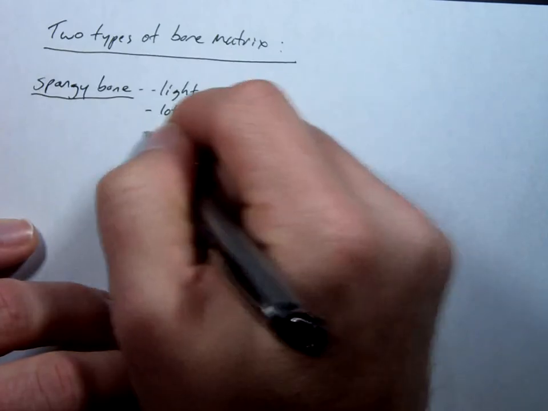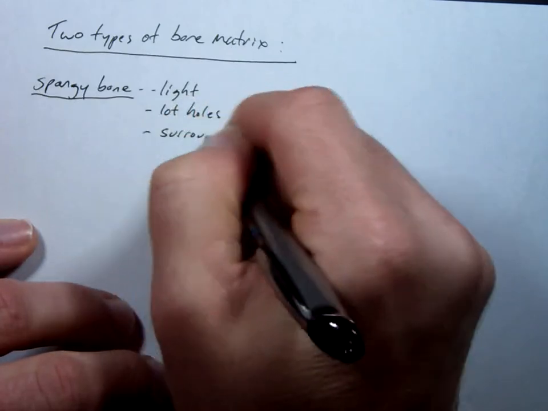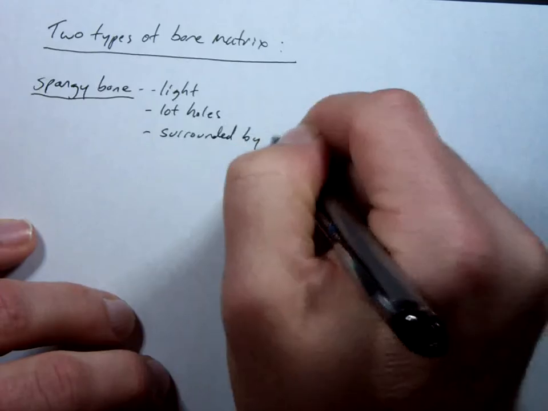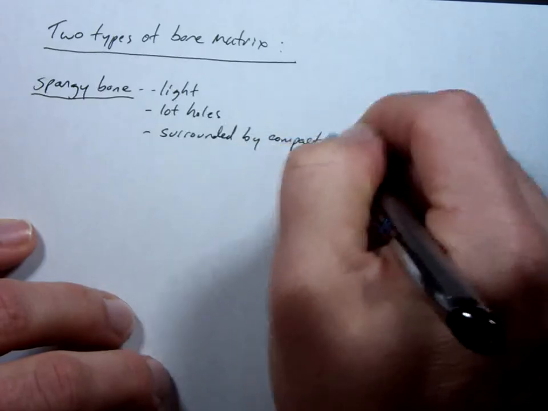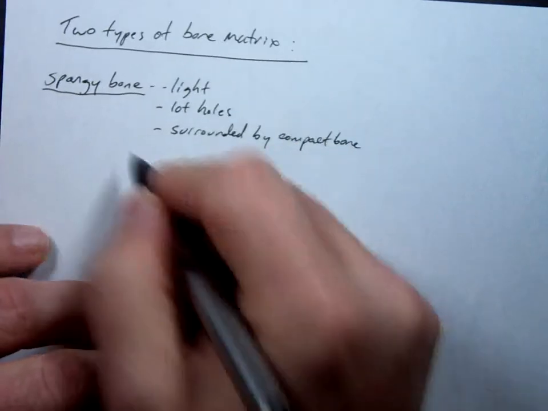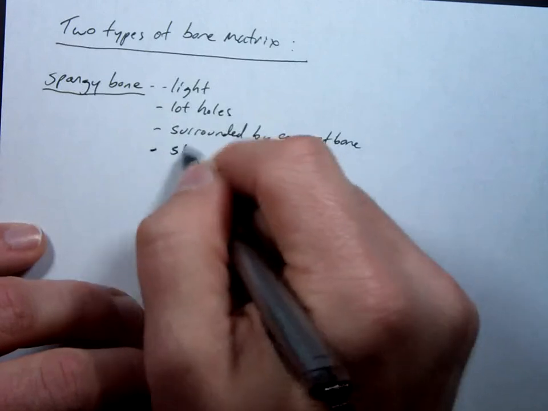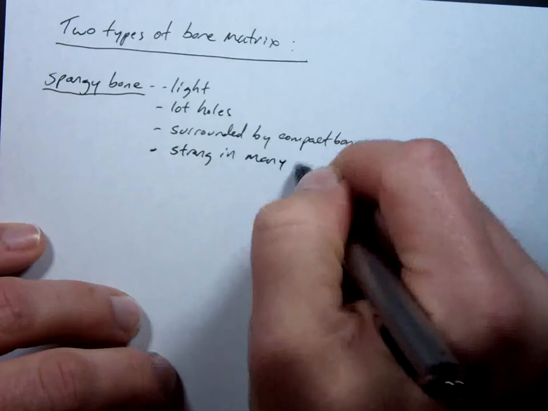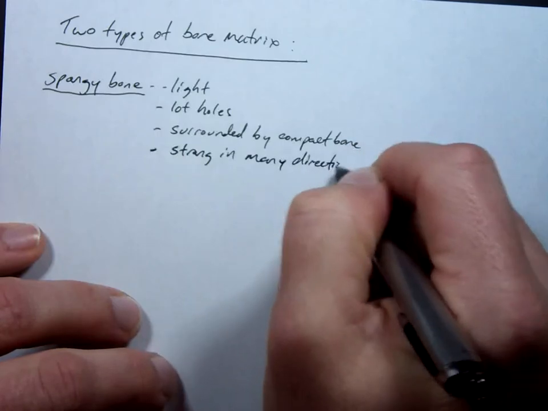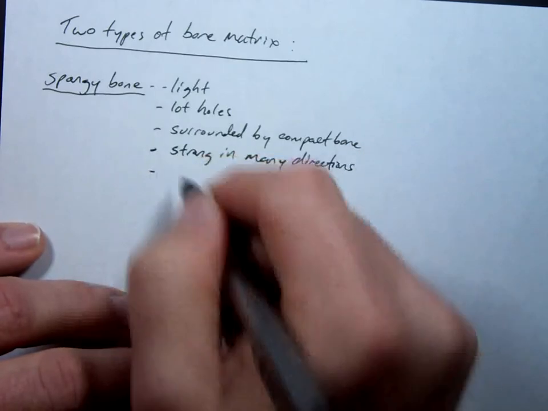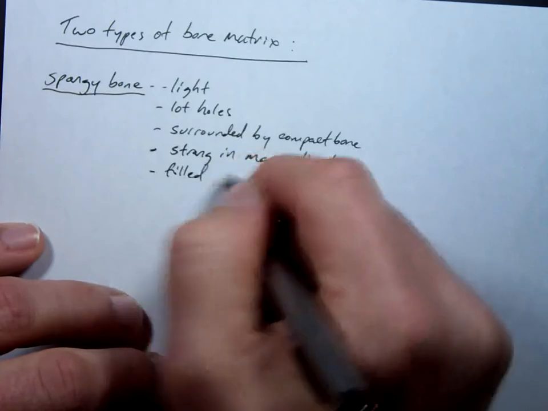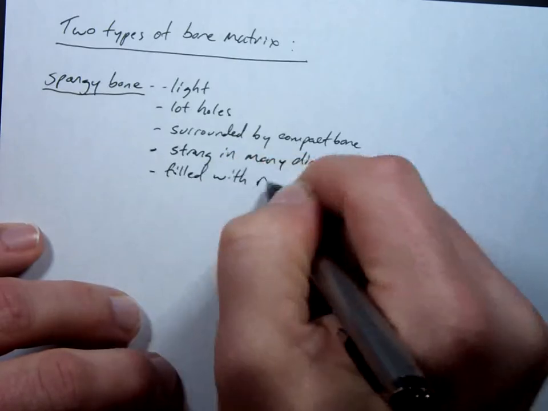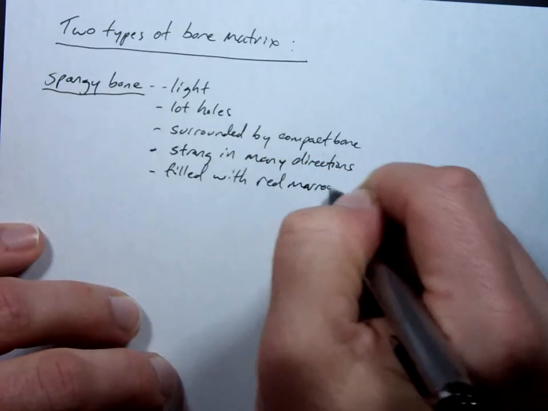It is surrounded by compact bone, usually only in a small layer. Okay, it is strong in many directions, and it is filled with red marrow.